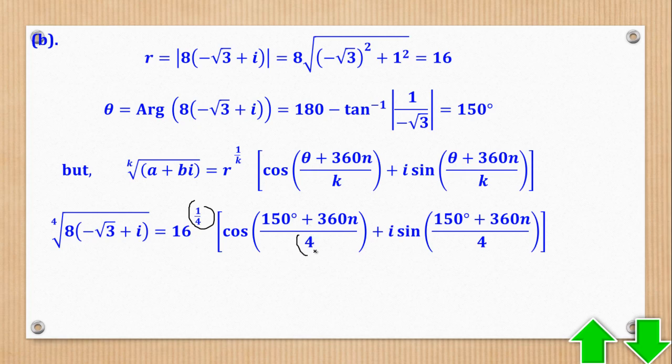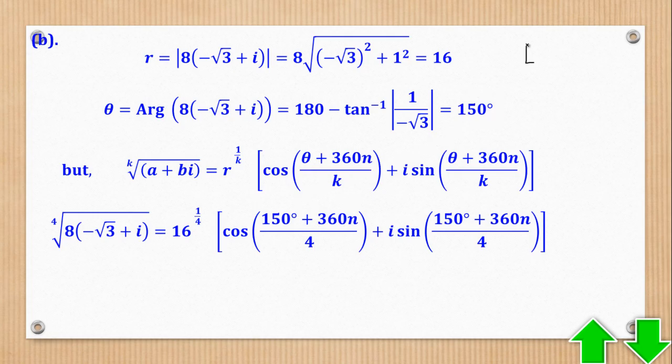That's why you see here dividing by 4. But note something. Here it is 150. Why have we added this? It is because we use what we call a general angle. The general angle must have this such that each time you put n, you get a different angle.